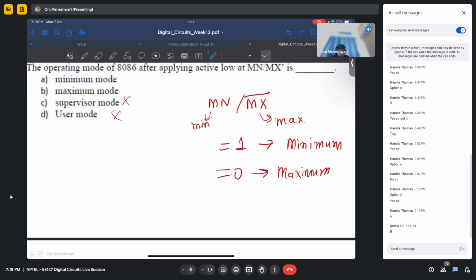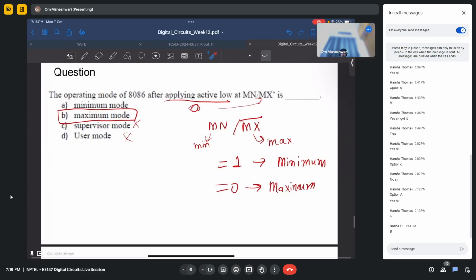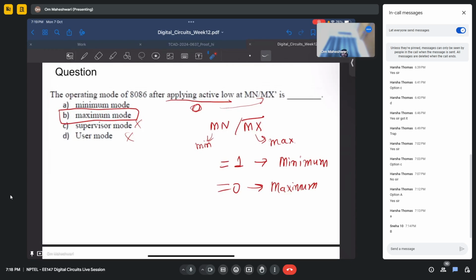That means whenever it is 0, it will be in maximum mode. So the answer is B, maximum mode. If you apply active low, that means if you apply 0 at this pin, it will be in maximum mode. Is this clear? Okay.